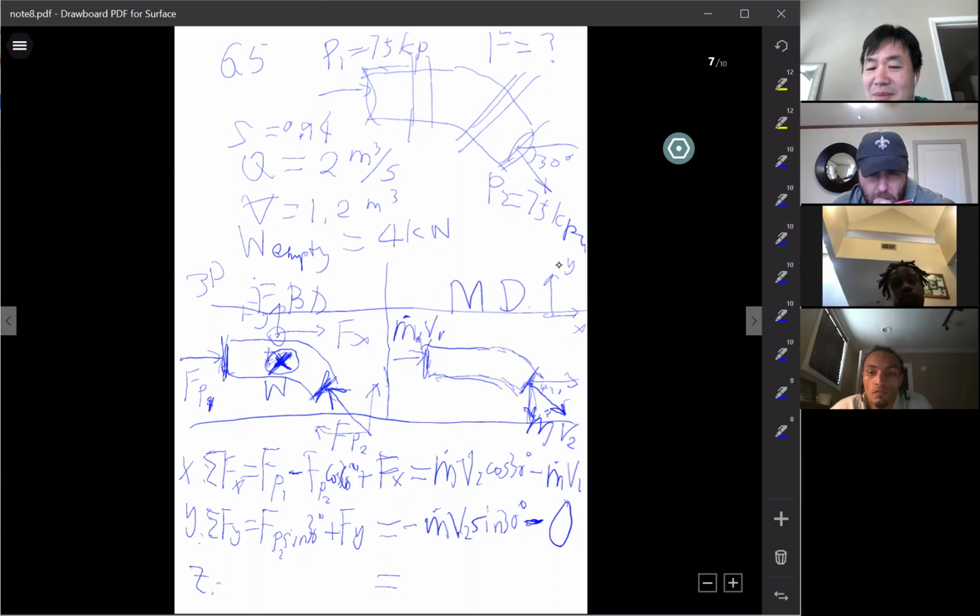Basically, the momentum coming in is separated into 2 parts. Some still lives on the x direction. Some becomes the y direction momentum because of the angle of the bend. That's why in here you have a momentum out in the y direction minus momentum in at the y direction, which you don't have.